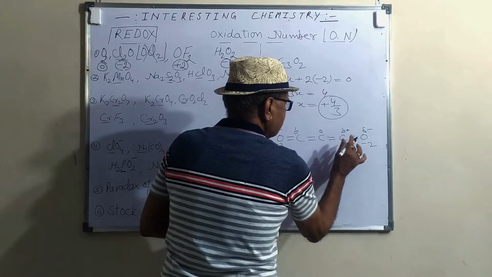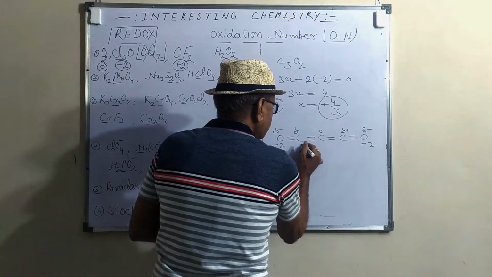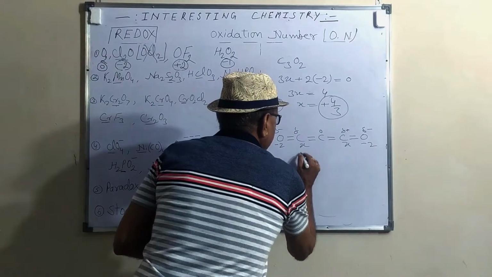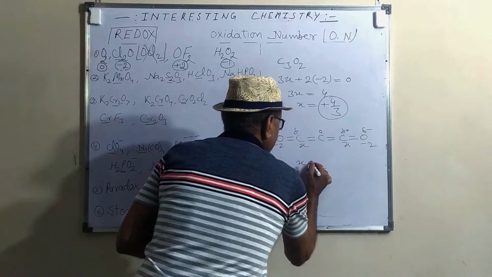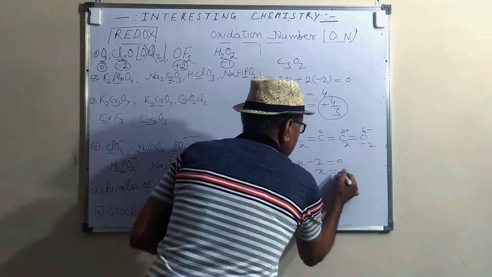So what will be the oxidation number of this carbon? We can calculate it here. x minus 2 is equal to 0, so x is equal to plus 2.